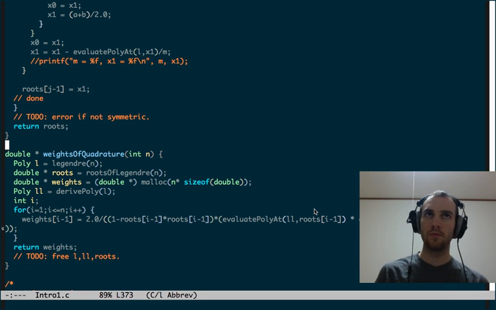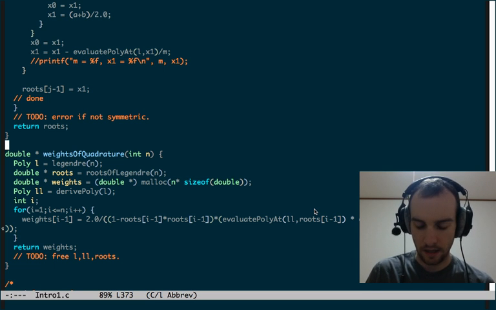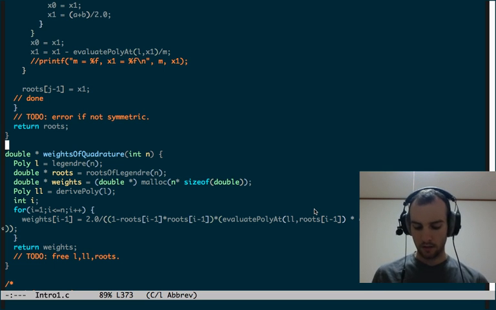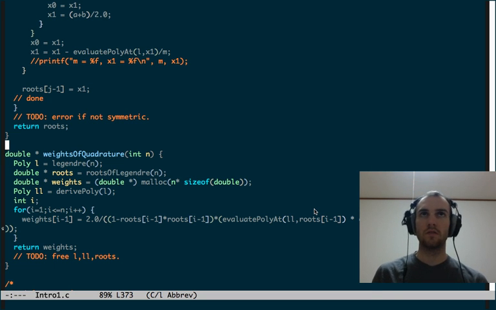If you have a function that's basically a perturbation on an exponentially decaying function, there's something called the Gauss-Laguerre quadrature, which just uses other polynomials.